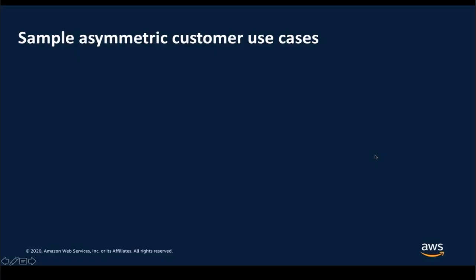Now that we've seen the asymmetric key and asymmetric key pairs in action within the console and the CLI, let's talk about some sample use cases that you might be able to use these asymmetric keys in your applications.